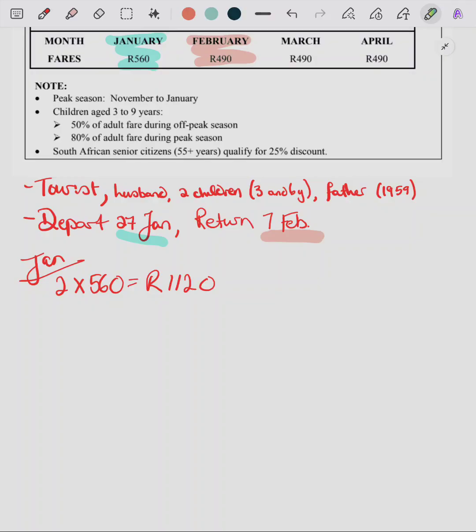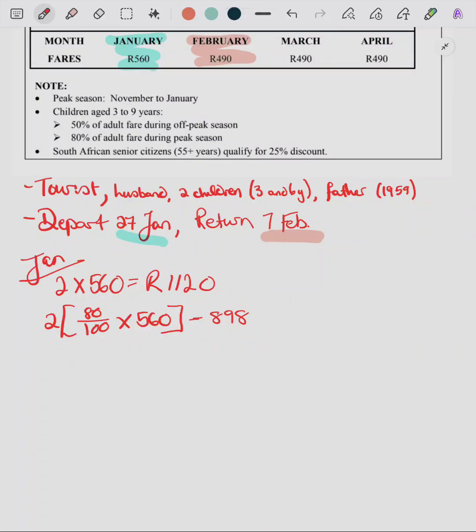So we need to work that out. 2 children paying 80%, so 80 over 100 of the 560, and that will give us a cost of $898.